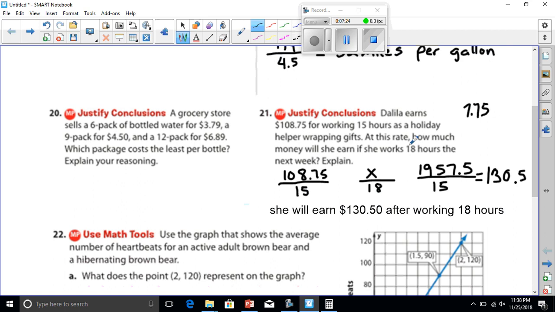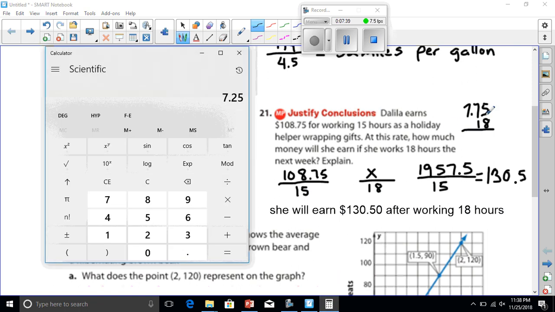Now we're going to multiply that by the number of hours. That's how much is 1 hour. So if I multiply that by 18, that will allow me to know what I get in 18 hours. And it should be the exact amount that I have here. Let's check that out. 7.75 times 18. And look at that, $130.50.